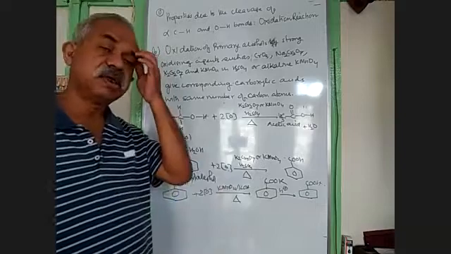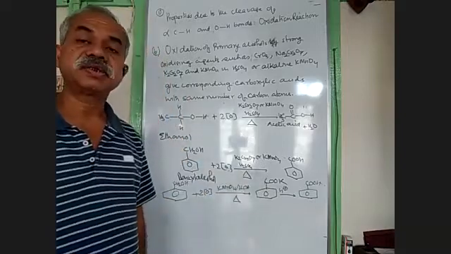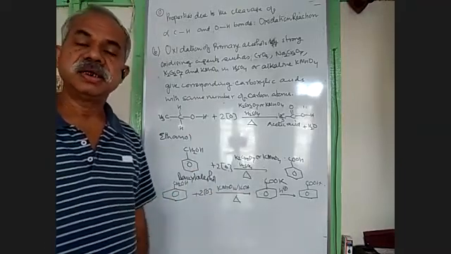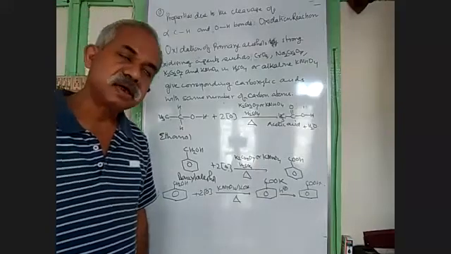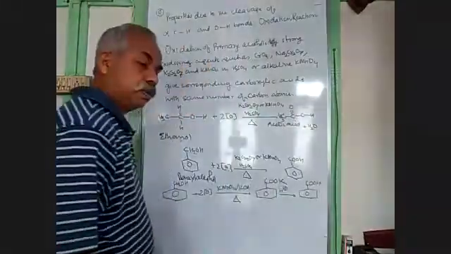And if I use alkaline medium, it will first give you the potassium salt of the carboxylic acid, and that you neutralize. Any alkaline reaction has to be neutralized. Then you will get the corresponding carboxylic acids.